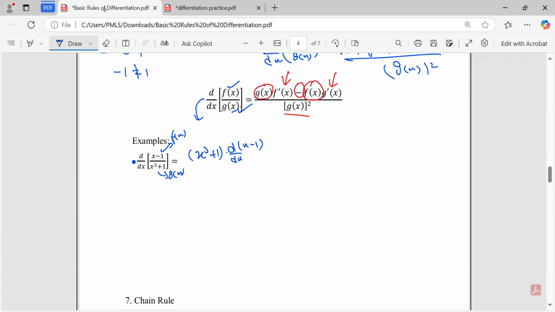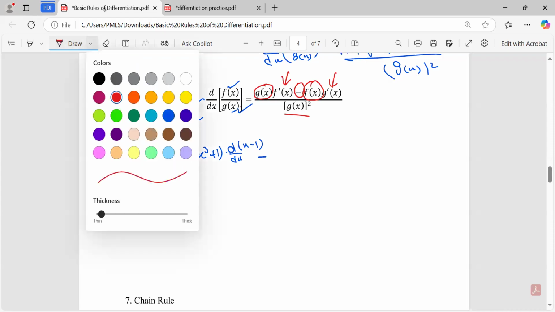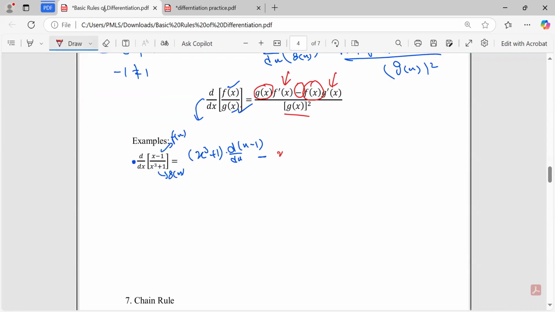By this formula: lower function as it is, the derivative of the upper function, in between a negative sign, then upper function as it is, x minus 1, times the derivative of the lower function, that is x cube plus 1, and then divided by the lower function squared, x cube plus 1 raised to power 2.